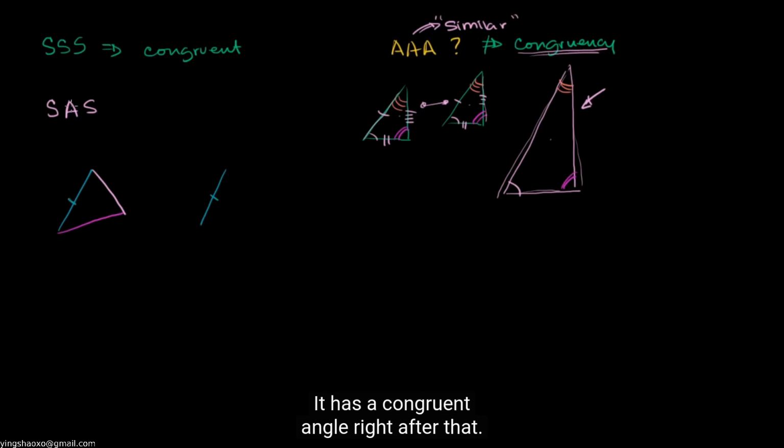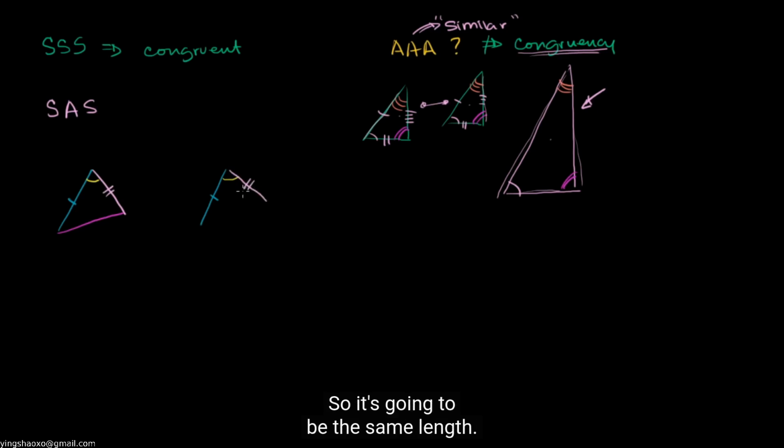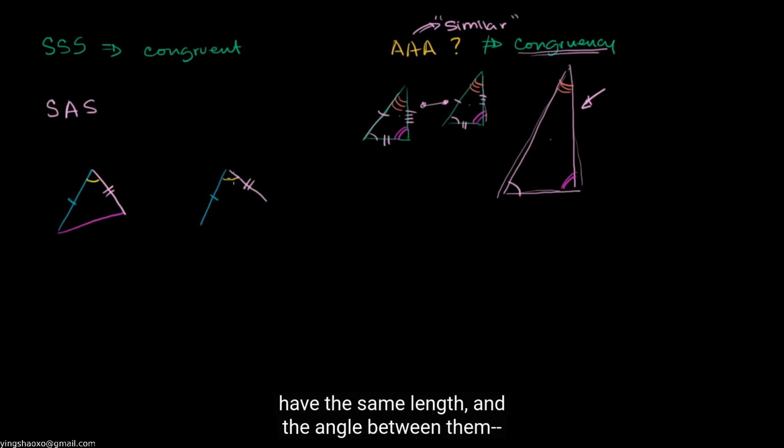It has a congruent angle right after that. So this angle and the next angle for this triangle are going to have the same measure, or they're going to be congruent. And then the next side is going to have the same length as this one over here. We only know that two of the corresponding sides have the same length, and the angle between them, and this is important, the angle between the two corresponding sides also has the same measure.